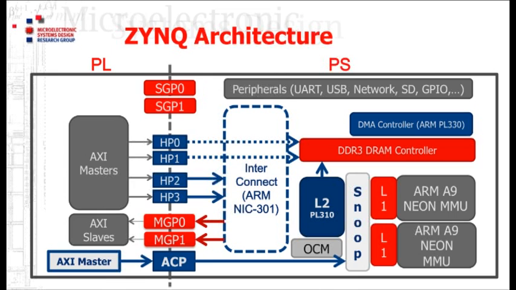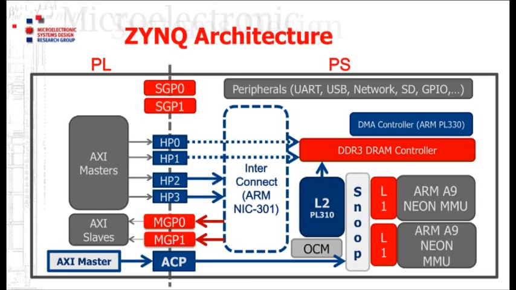So here is the block diagram that we saw together in previous videos. It is an overall brief block diagram of the Xilinx ZYNQ device. And as we described, and as the block diagram shows, the ZYNQ architecture is divided into two parts: the programmable logic and the programmable system.